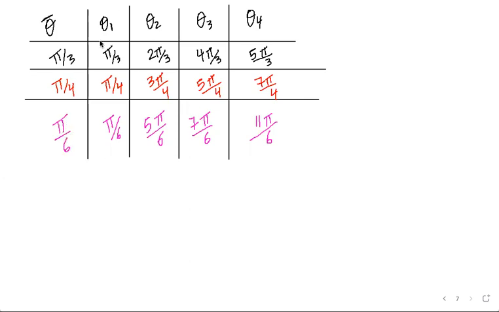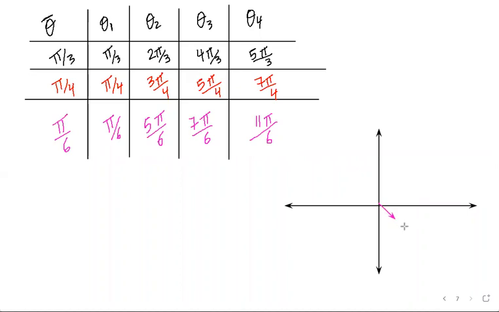So how do I know? Again, I'm going to choose pi over 6 to show you how I know the reference angle is pi over 6. Here is the Cartesian plane, and I'm going to choose 11 pi over 6. As I know, 11 pi over 6 is in the fourth quadrant.